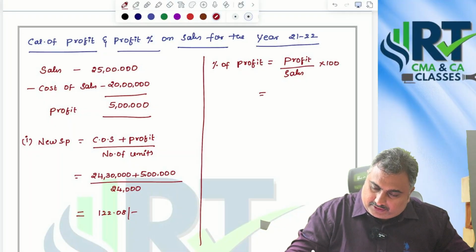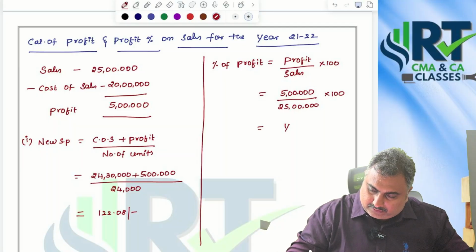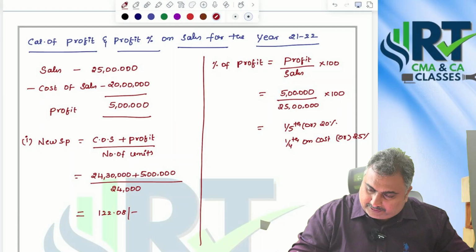What is the 21-22 profit? 5 lakhs divided by 21-22 sales 25 lakhs into 100, that is equal to 1/5 or 20% on sales, 1/4 on cost or 25%.